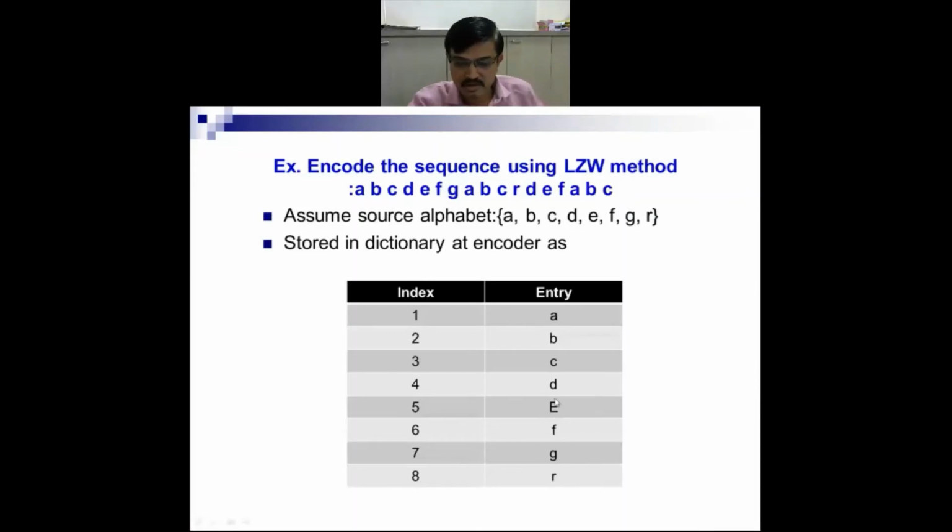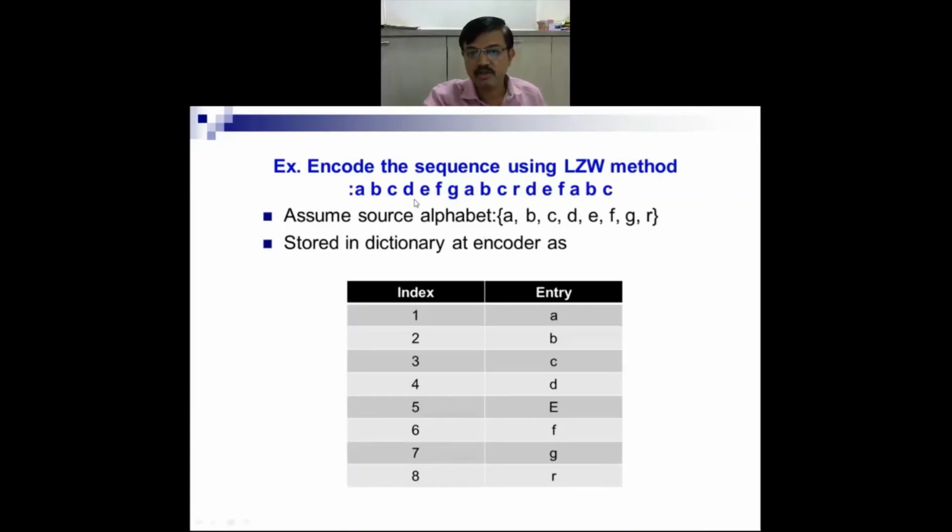You can just make this correction here: all these small letters are the source alphabets. They are stored in the dictionary of the encoder, and to this dictionary I have given the index 1, 2, 3, 4, 5, 6, 7, 8, because there are 8 source alphabets in my dictionary. I hope step 1 is very clear to you, because here once again I'll repeat the thing.